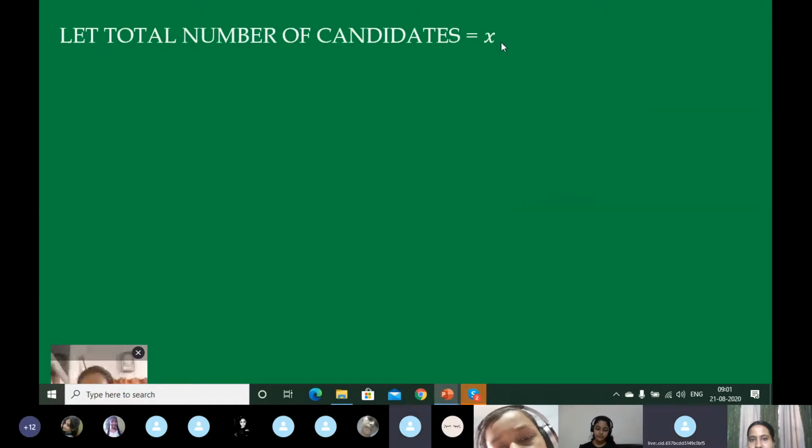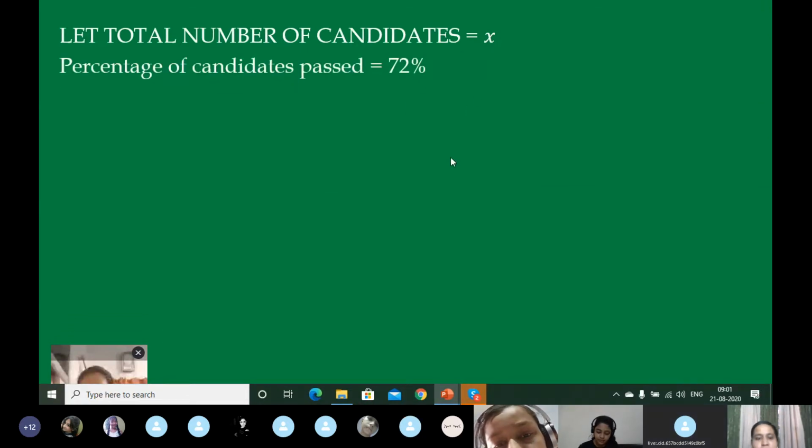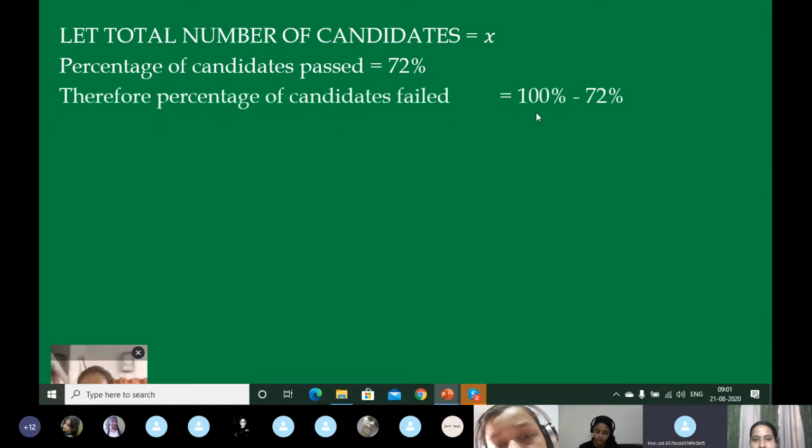The total number of candidates X is not given to us. 100% candidates minus passed is given to us. Then the percentage of candidates failed will be 100% minus 72%, which is 28%. Now you can see we have received the number.